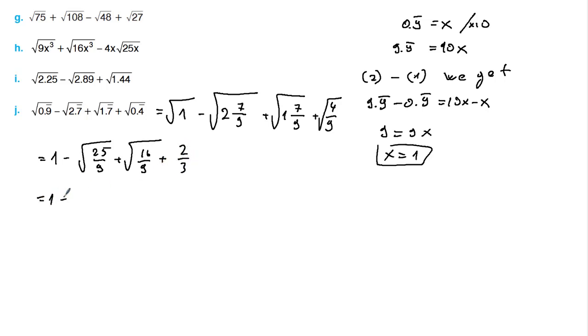That makes it 1 minus 5 over 3 plus 4 over 3 plus 2 over 3. So let's rewrite this one as 3 over 3. 2 and 3 it's 5, and 4, 9 minus 5 it's 4 over 3.